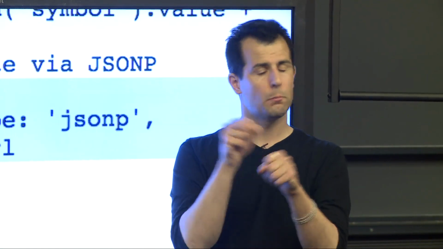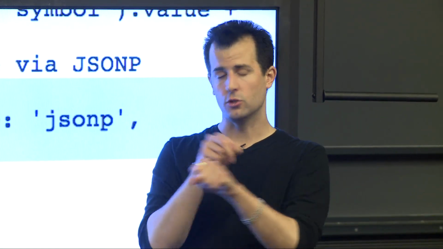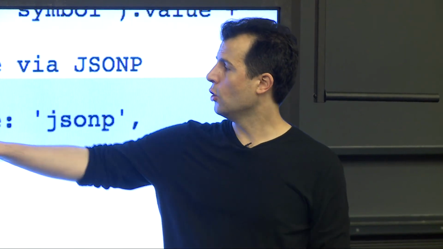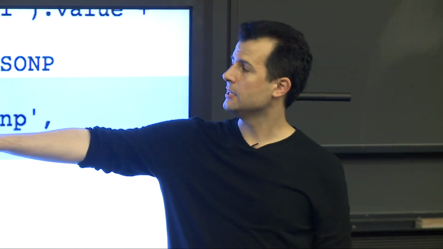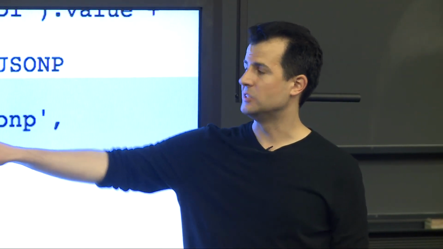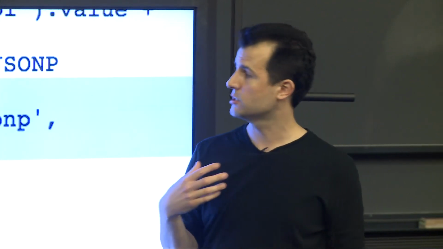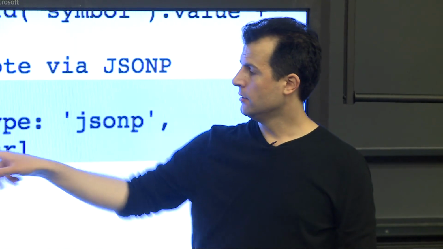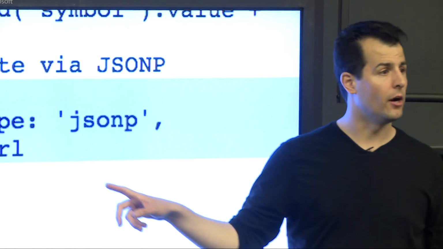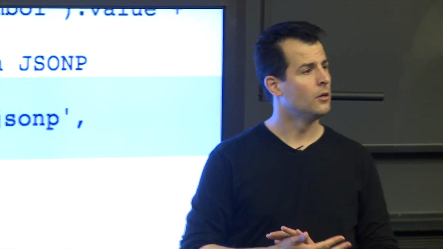It's just a nice convention. Perl does this a lot, and Python can do this, and other languages. So this is saying one of the keys being passed into this method is called dataType, quote unquote JSONP. I'm just telling jQuery what response to expect back. The URL has a value of URL, and that's it.